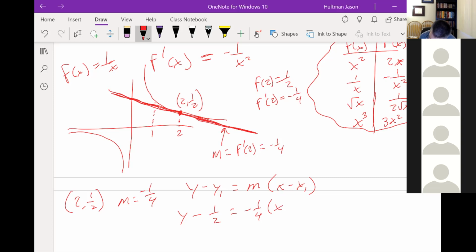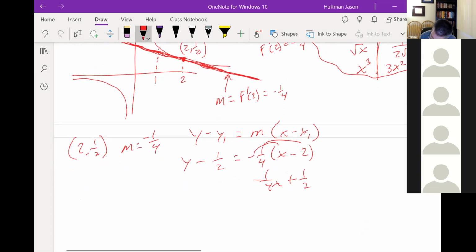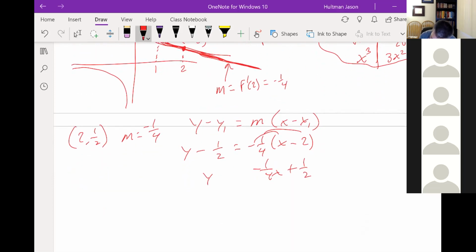So y minus 1/2 is equal to negative 1/4 times x minus 2. Let's distribute: negative 1/4 x, and 2 times 1/4 is 1/2. So y minus 1/2 equals that. Let's add 1/2.